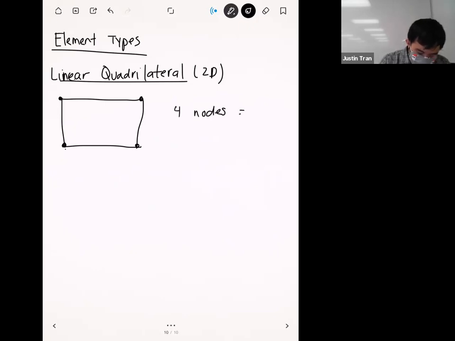For the linear quadrilateral, we have 4 nodes. Remember what we talked about on Monday about the shape functions: this tells us that we have 4 shape functions.